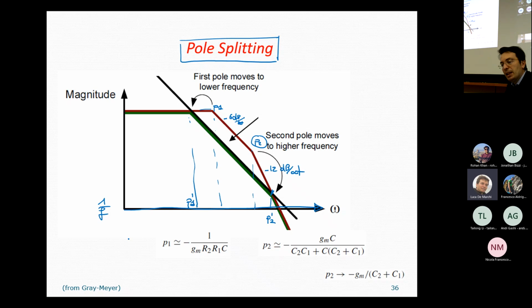So basically, when we hit omega null, all the phase shift induced by P1 will be completed. So we can assume that this quantity here is more or less equal to 90 degrees. Please remember that the arctangent has this trend.